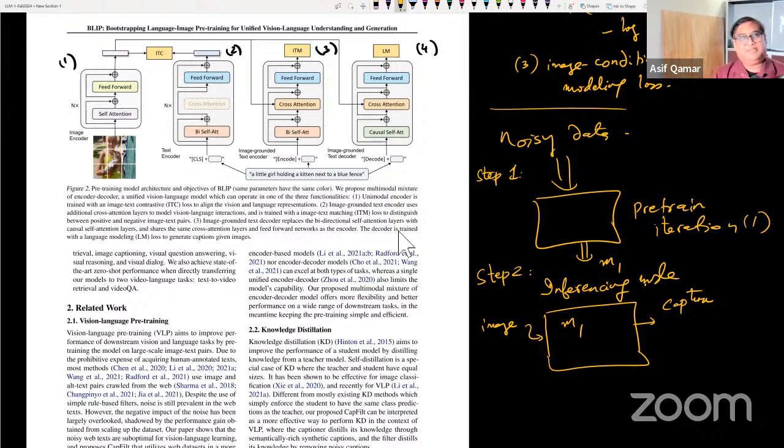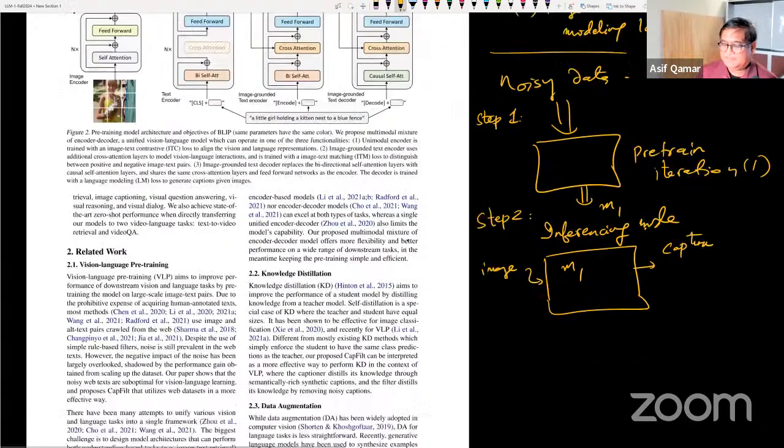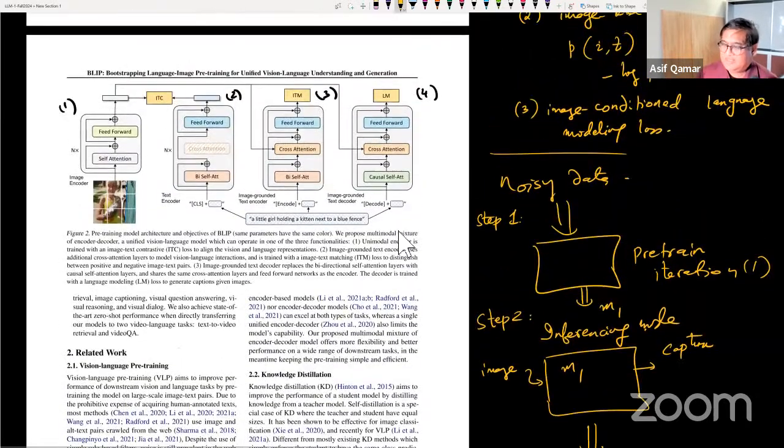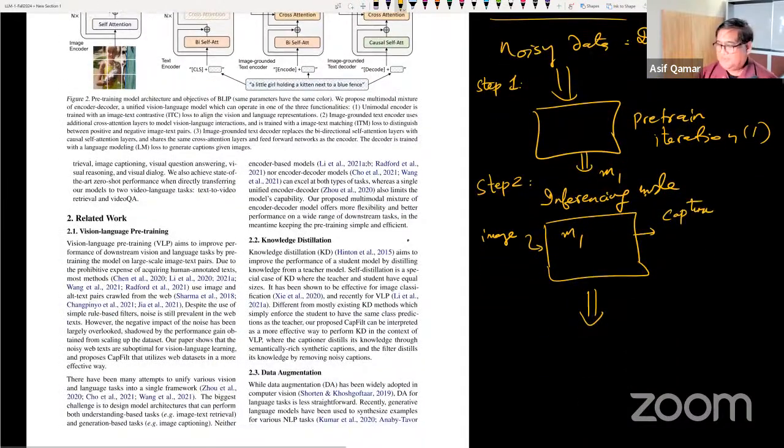Images that don't have a caption, you can put a caption. Images that have a bad caption, you can fix the caption. And so you end up with better data. Let me call this noisy data D1. So now you have created cleaner data.